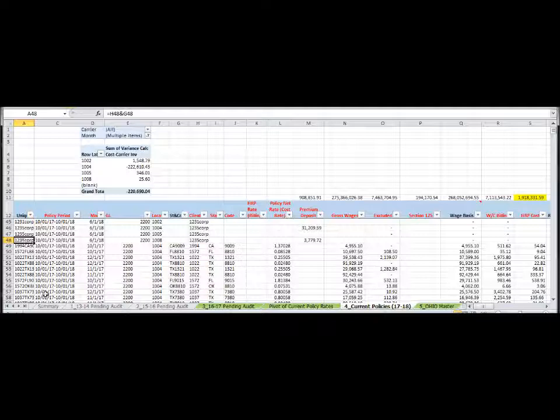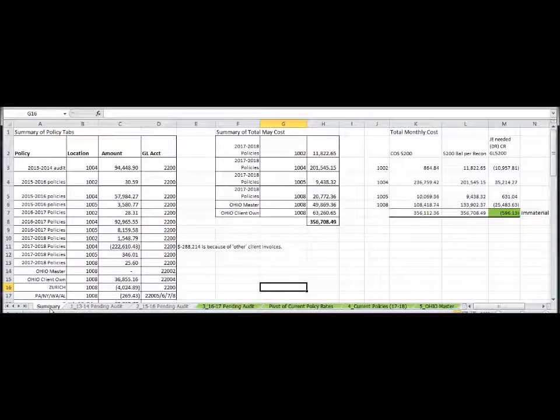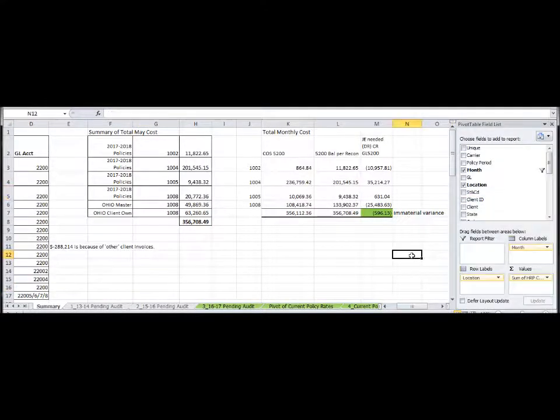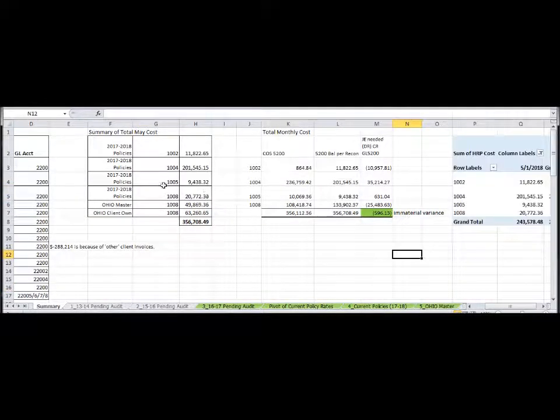And then with all of this information, we go to the summary tab, and over here to the far right is my pivot from the current policy tab, and this is my May cost, and over here I put it into this table, and I use my other two policies for Ohio that are also this period, and this gives me my total cost for the month of May.